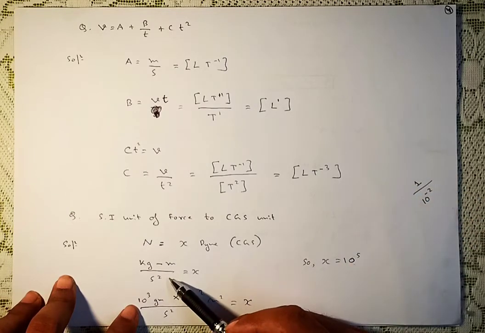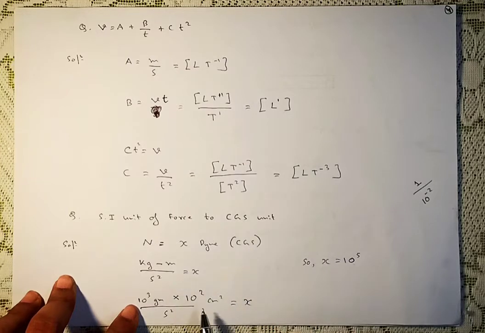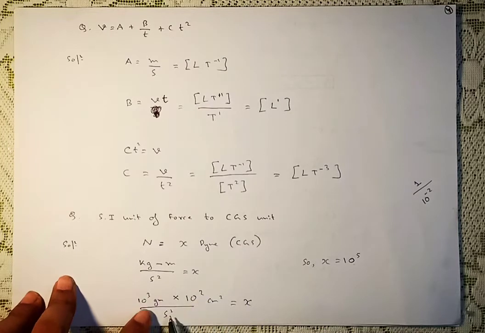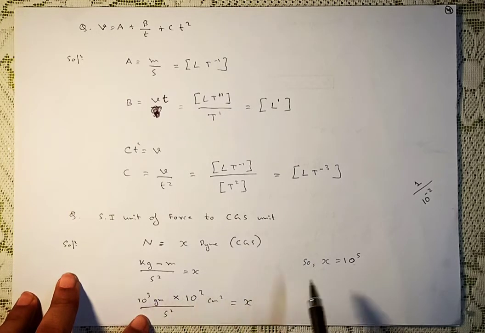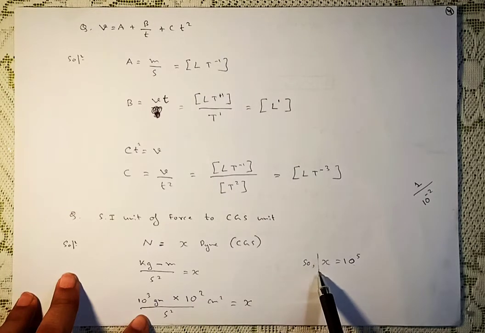So I am taking the 10 to the power minus 2 to the numerator, it becomes 10 to the power plus 2. And second square, the way it is all the time. So doing all the necessary calculations out here, this is 3, this is 2, therefore the answer becomes x is equal to 10 to the power 5 dyne.